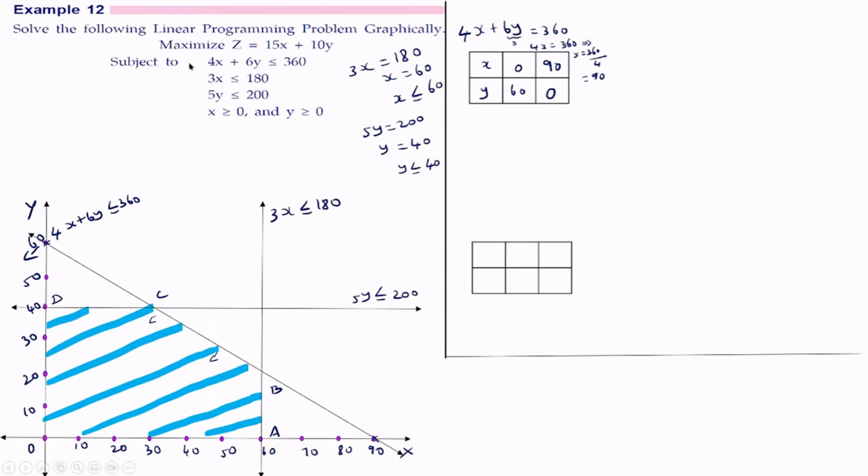If our objective is to maximize z, then in that case this z is a profit function and the lines that we are going to draw will be the isoprofit lines.